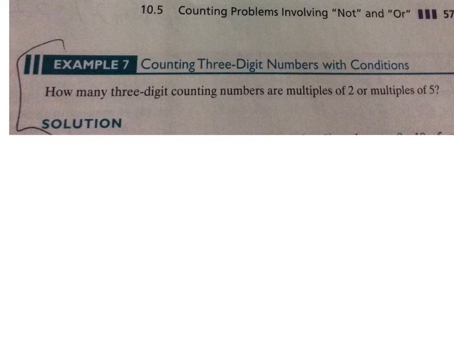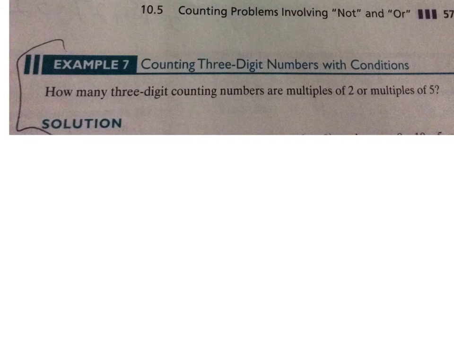What I've got on your screen is example 7, but I did not want to have you turn there because it's got the solution right below it, so that takes your thinking away when you're able to see it. So let's see what we got here. How many 3-digit counting numbers are multiples of 2 or multiples of 5?